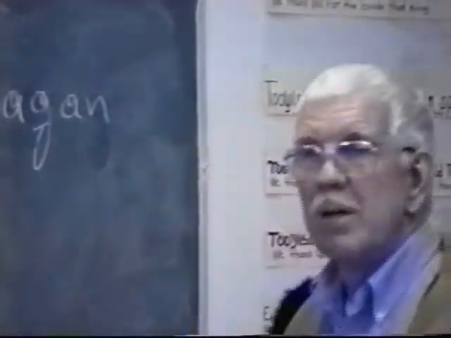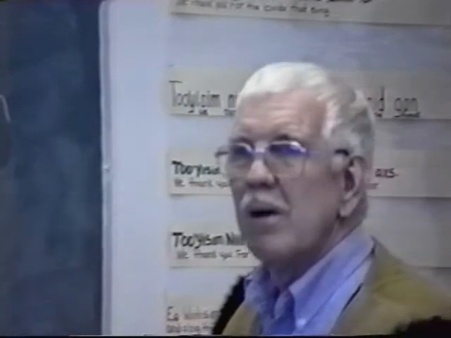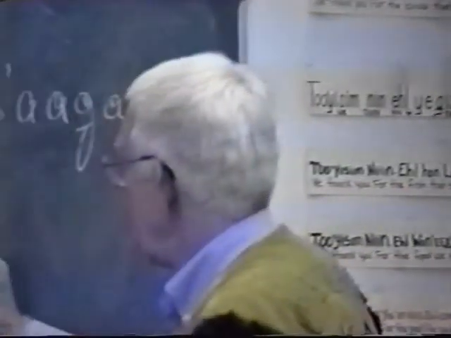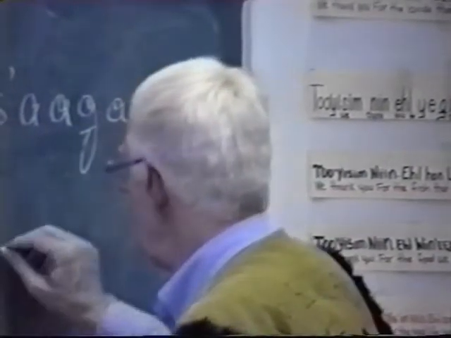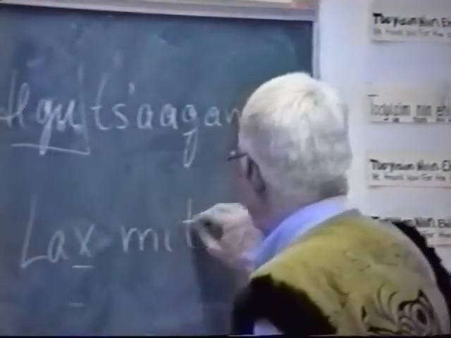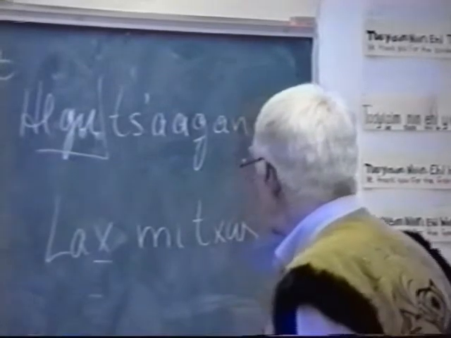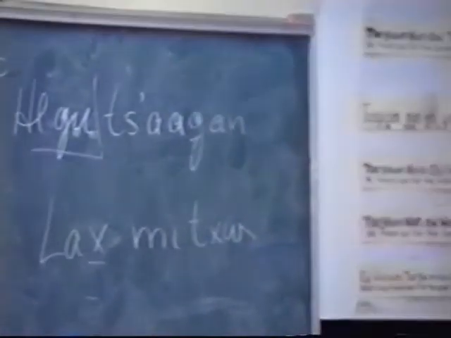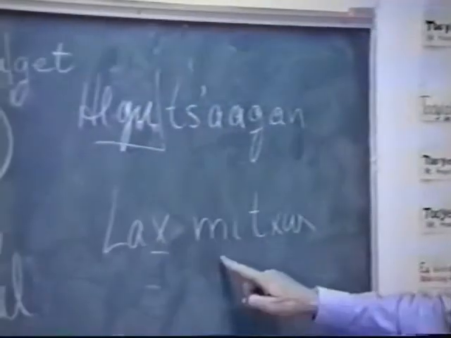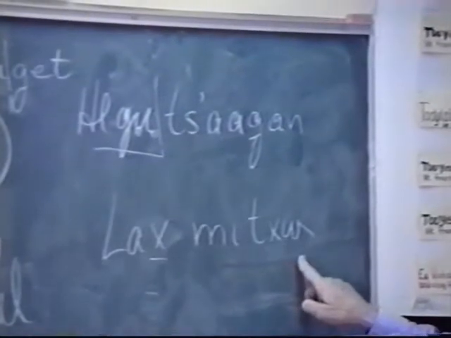Is Mitch M-I-T-X-W? What's the meaning? It's my name, Mitch. Okay. Lach. Now, there's 2 words that are very close in sound, but yet are different. The word to be full, mit.